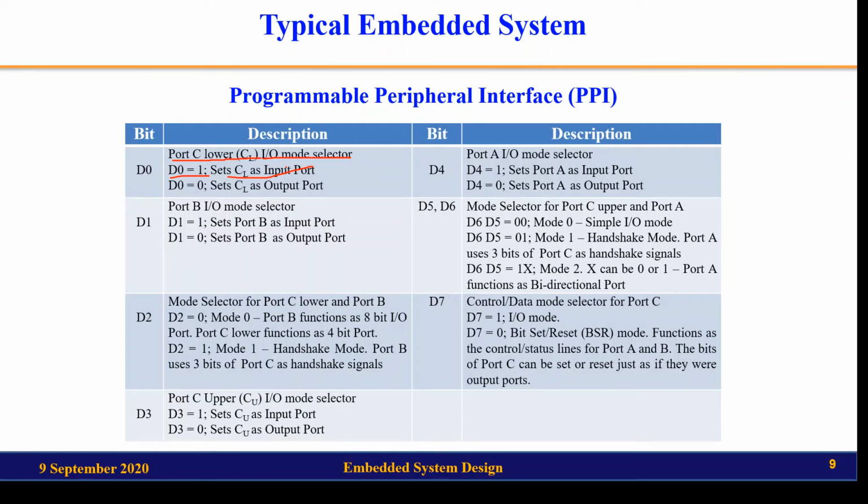For selecting CL as a 4-bit input or output port, we use this D0 bit. If you set it as 1, CL is treated as an input port, and if you set it as 0, it is treated as the output port. The default is 0, so by default all ports are output ports.